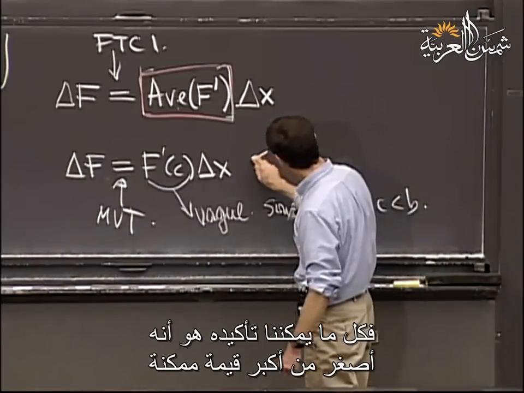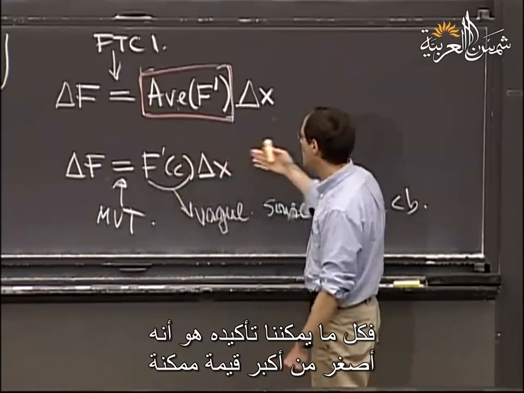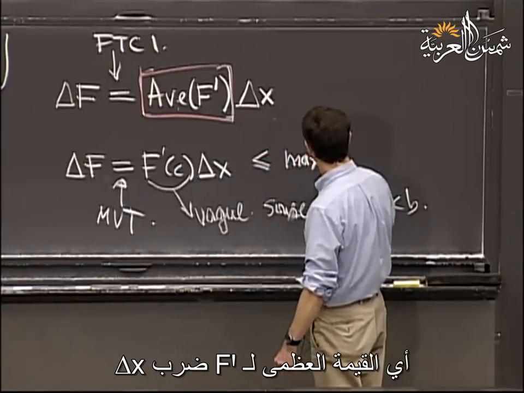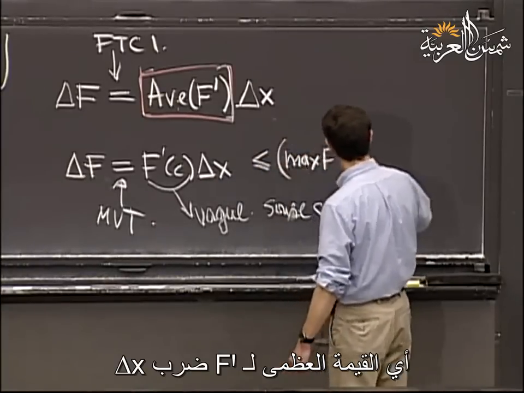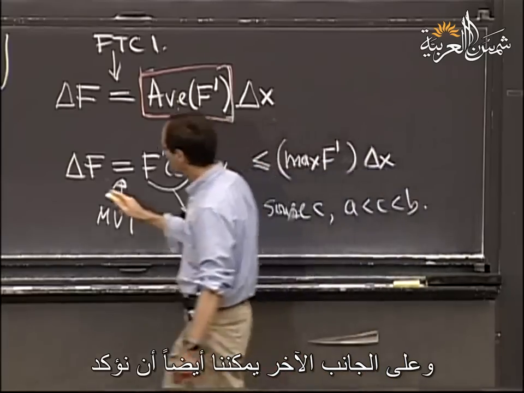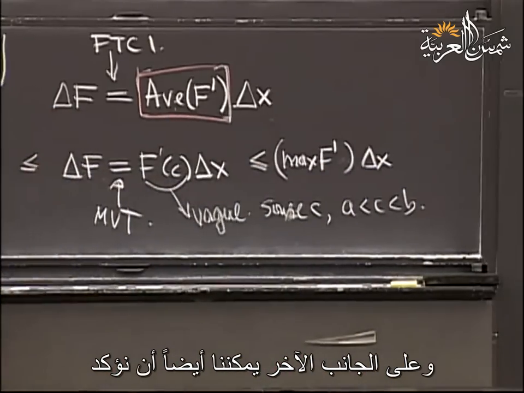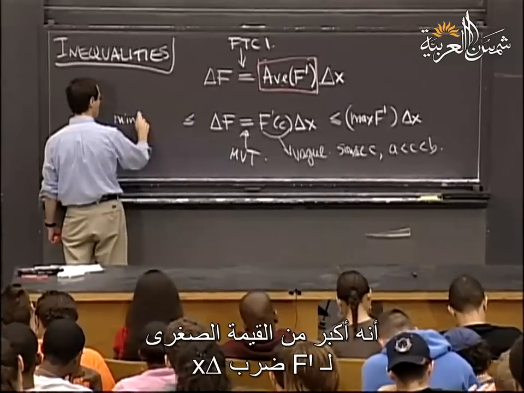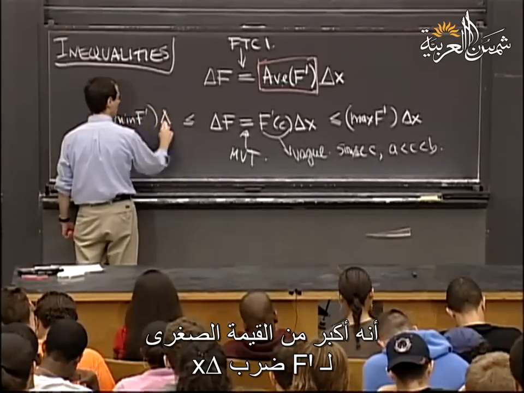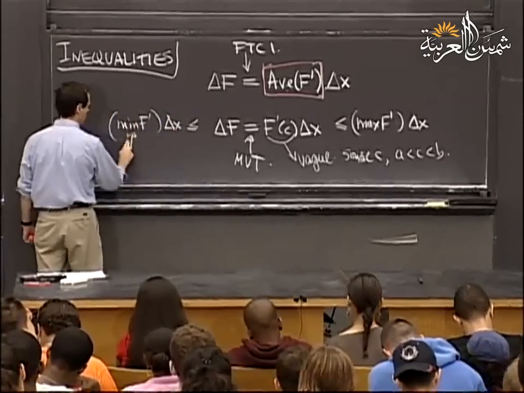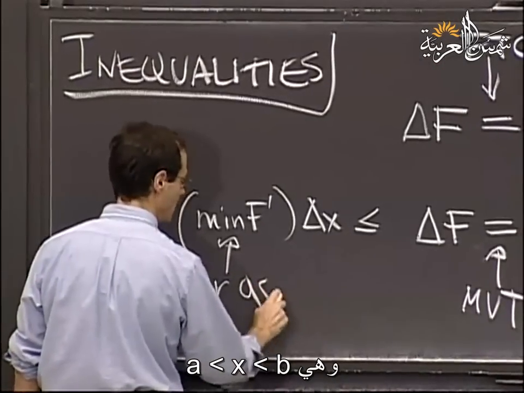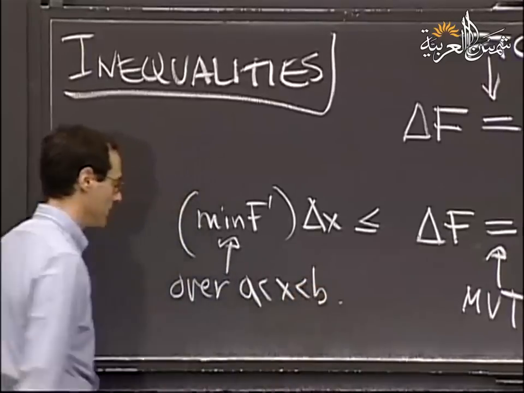All we can do is say, well, for sure, it's less than the largest value, say the maximum of f prime times delta x. And on the other end, it's greater than or equal to the minimum of f prime times delta x over that same interval, a less than x less than b.